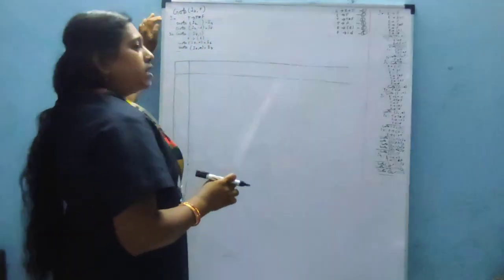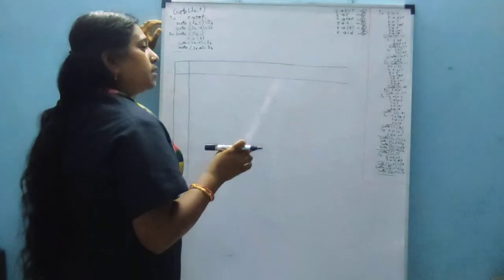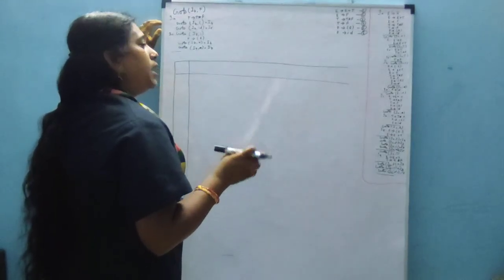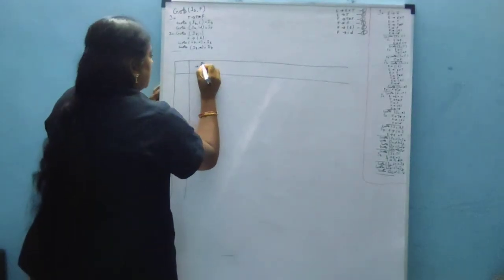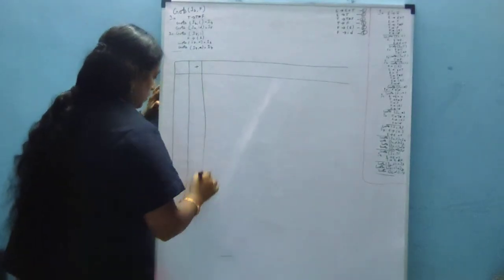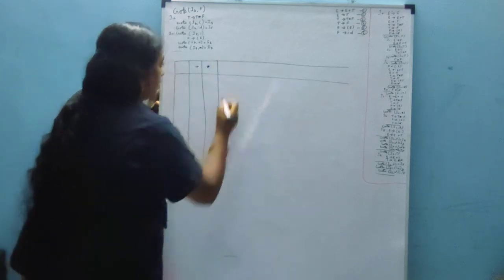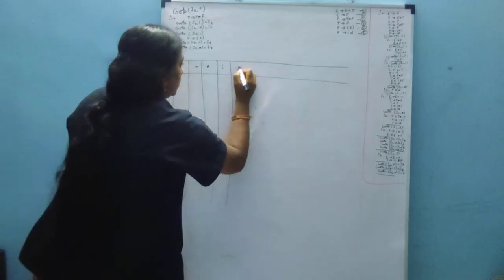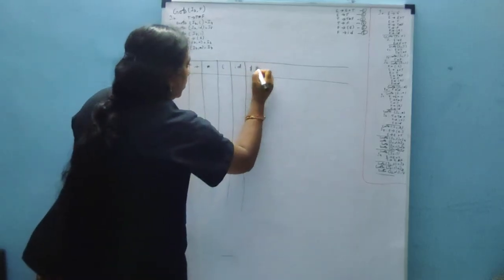Why am I adding dollar? The augmented grammar state indicates the star symbol, and for that state only the accept state will come. So plus, star, open bracket, ID, and then dollar.